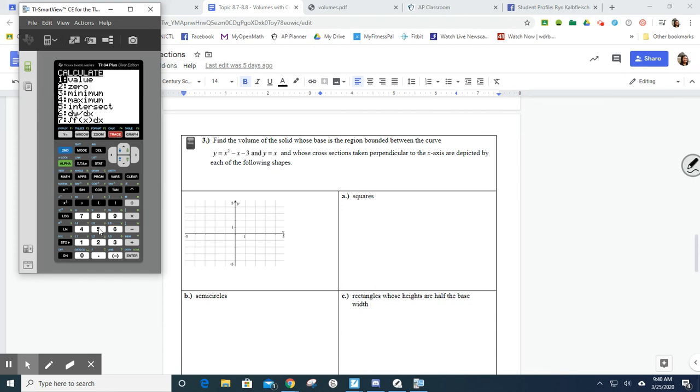I'm going to hit my intersect. First curve, second curve. Let's arrow down because I want to get this first one first. So I have a negative 1. So I'm going to come over here and write down real quick negative 1. And then I'm going to hit second, calculate, intersect again, enter.